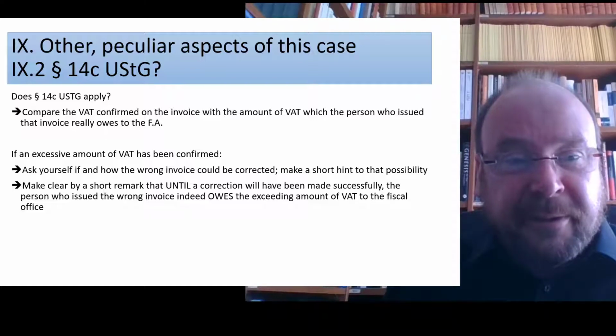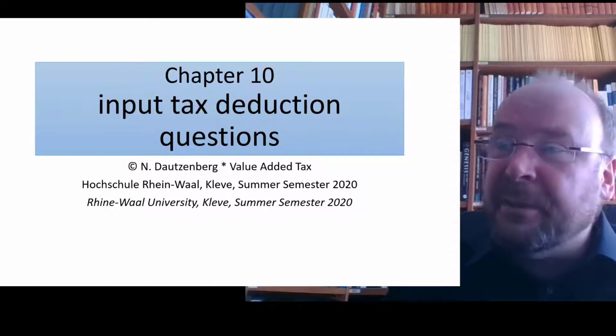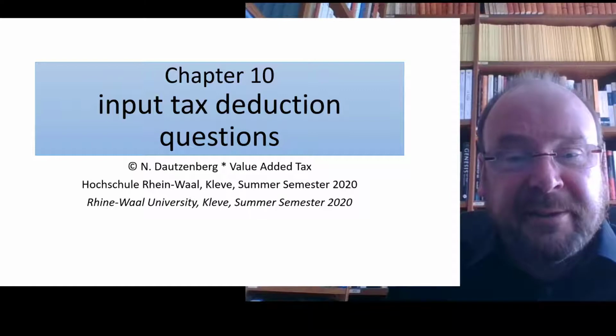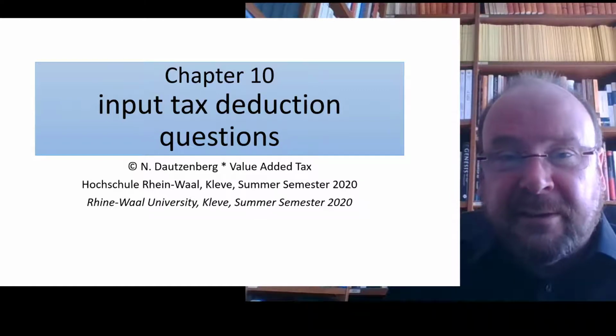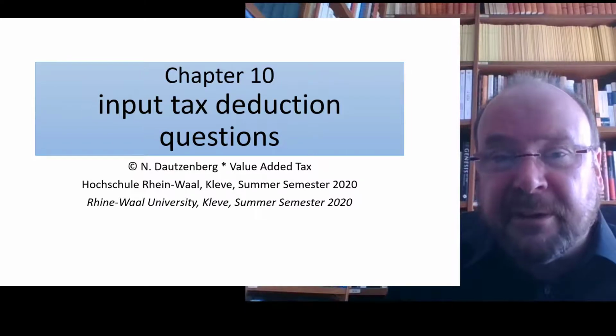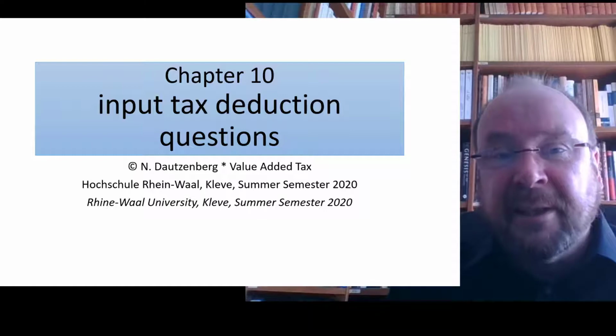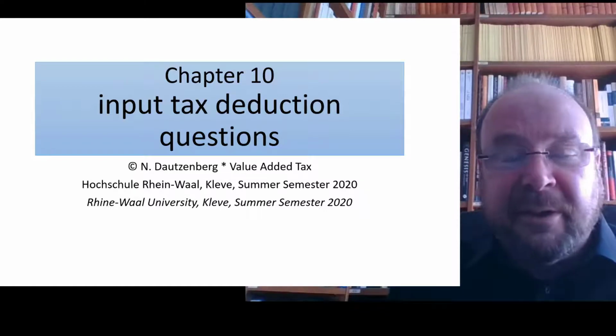Now let's go on to the last testing scheme entry. That would be questions concerning input tax, which would mean, does the business owner have the right to input tax, for example, for raw materials, services, or anything else which was used to produce the output and which was mentioned in the case?